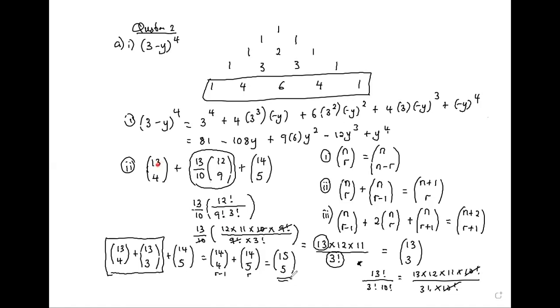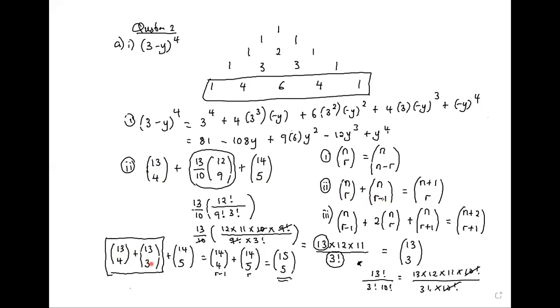So we have this 13 plus 4 in this one. And then here we got 13 plus 3. And then 14 plus 5. Now this one, we brought it 3. So if I have 13 here and I have 4 here, I should have 13 here and 4 minus 1 will be 3.